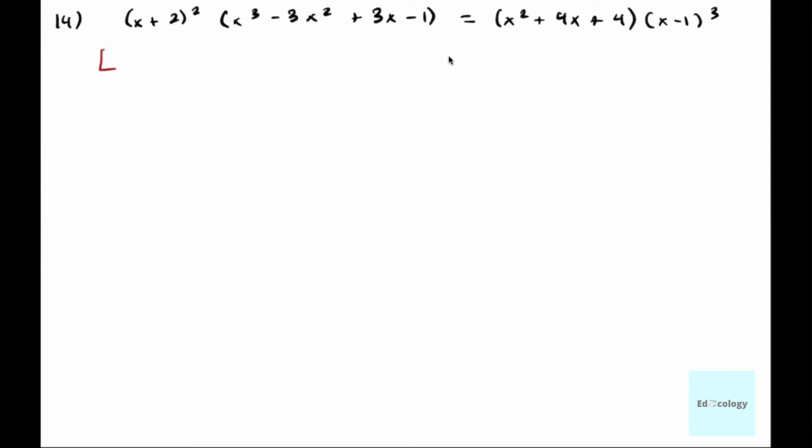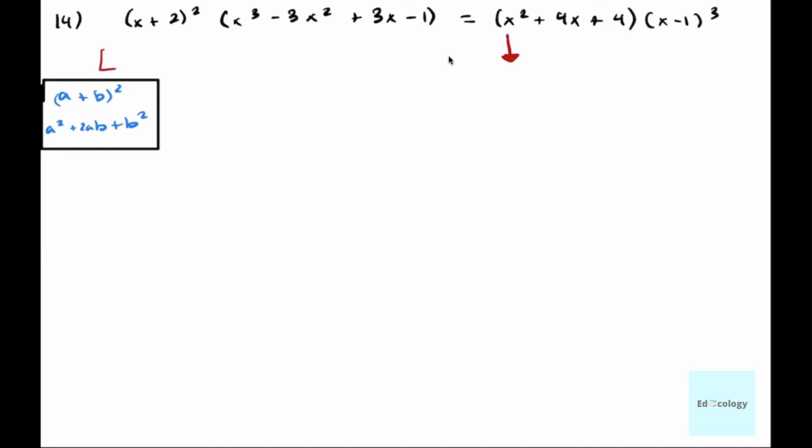So we know that (a plus b) squared is a squared plus 2ab plus b squared. This is an important concept to already be familiar with. So let's see if this can be rewritten as (x plus 2) squared.